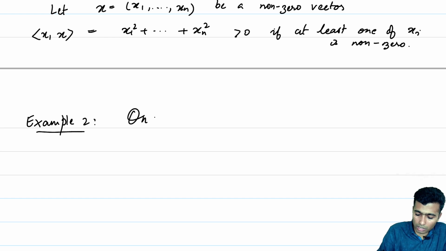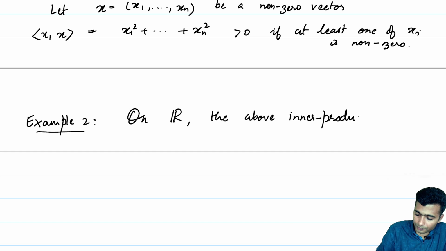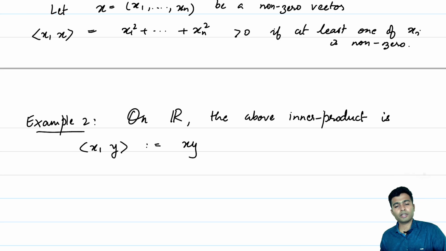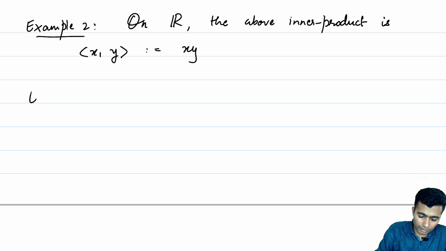So on R, the above inner product, let's see what happens there. On R, the inner product of x comma y will just be x times y. It's just going to be the multiplication of those two numbers.